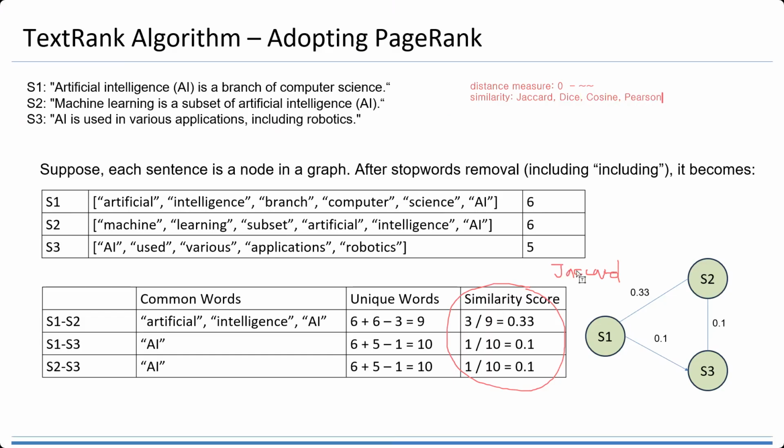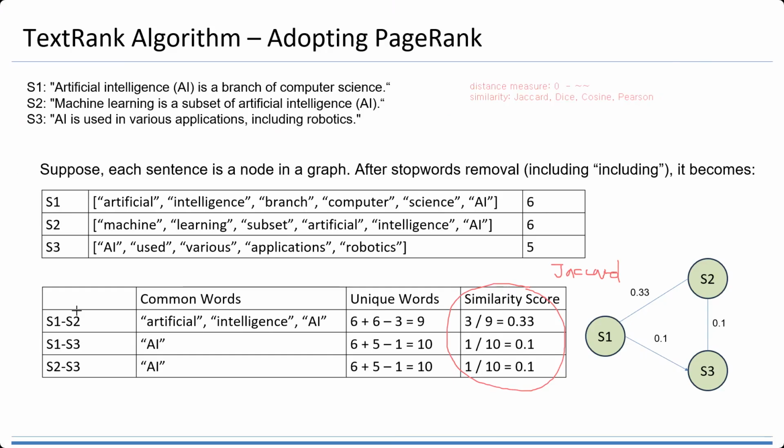So in this case, let's use Jaccard similarity. In Jaccard similarity, you need to look at the unique words. How many unique words are available? And we need to know how many common words are available between two sentences.